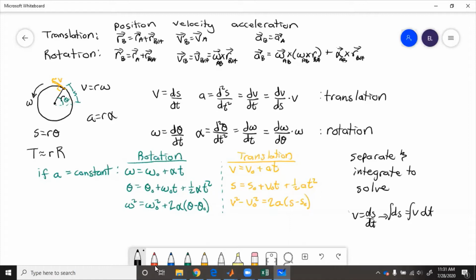We integrate: S minus S initial equals Vt. So if velocity equals constant, then over here, we've got S equals S initial plus Vt. And then for rotational, we'll have theta equals theta initial plus omega t.